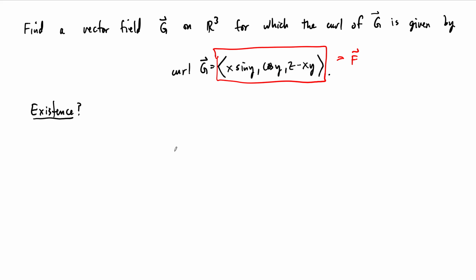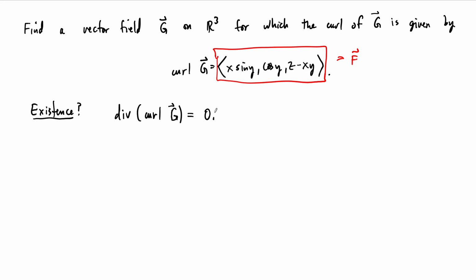And we have a tool, we just developed a tool actually, to check whether or not it's even possible. We can't necessarily say for sure that we have an answer, but we can check if it's even possible to have an answer. What we showed in the last theorem and example is that the divergence of any curl is always equal to 0.